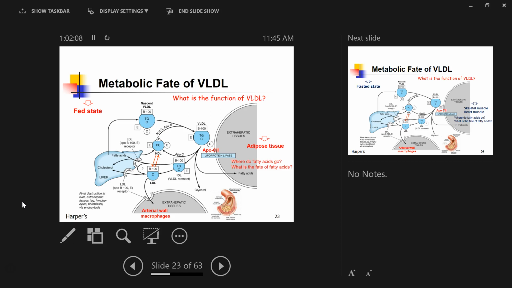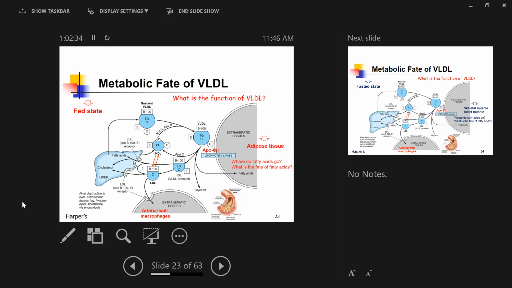VLDL is synthesized in the liver, and again, triglyceride is the major lipid in the core. It also has cholesterol esters, and ApoB100 is the main protein on the surface of VLDL.